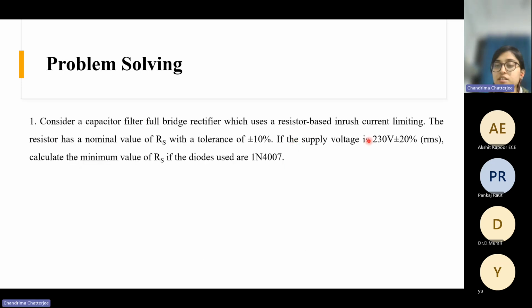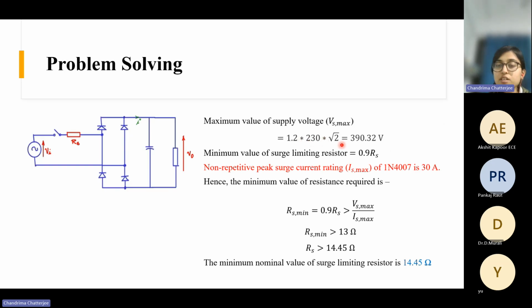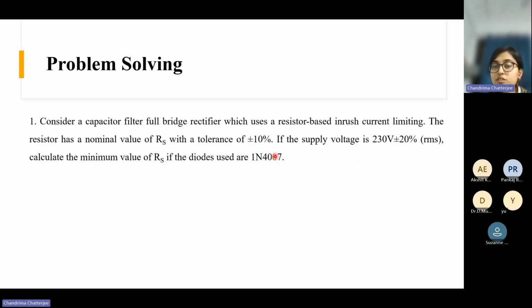The range is 20%, that's why 1.2 into 230 root 2, which gives us 390 volt. And the minimum value of the surge limiting resistor will be 0.9 RS. Why 0.9? Because it also has a range of plus minus 10%. So the minimum resistance should be able to limit the inrush current to a safe value.